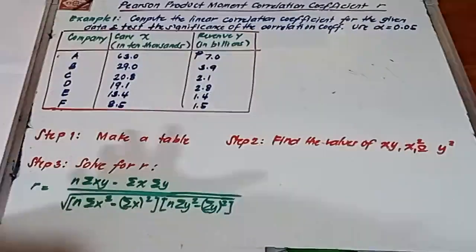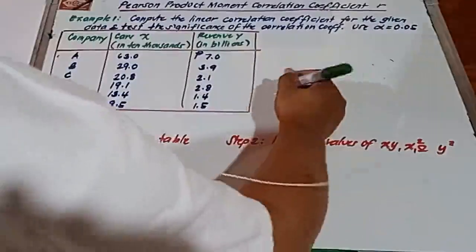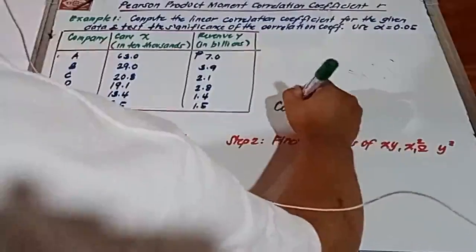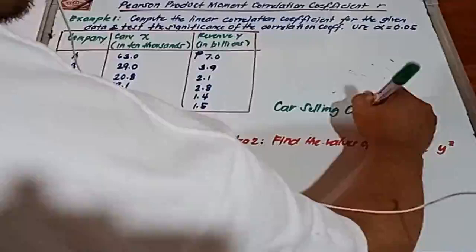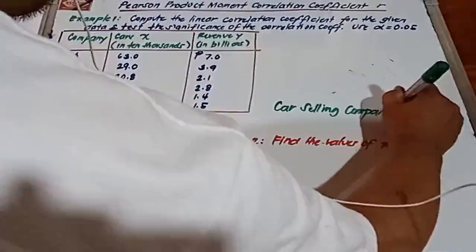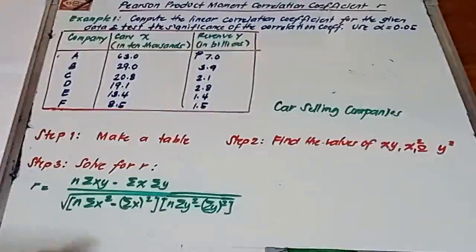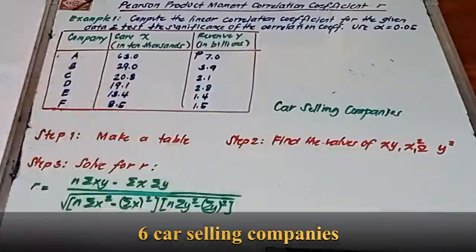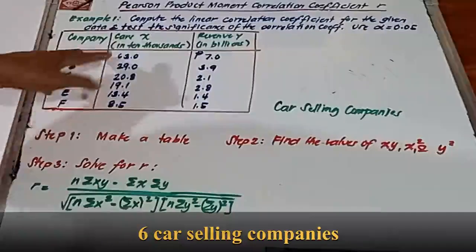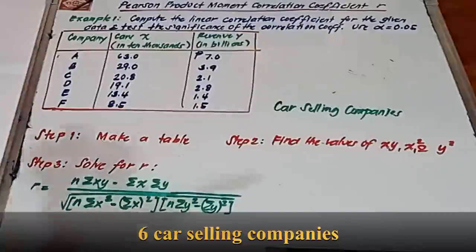So, itong data na to is about car selling companies. Naibigay ko na rin itong data na to sa ating first topic about correlation and regression, and that is how to construct a scatter plot. So we have here 7 companies at ito yung kanyang number of cars sold in 10,000s for the past 10 years, I think.